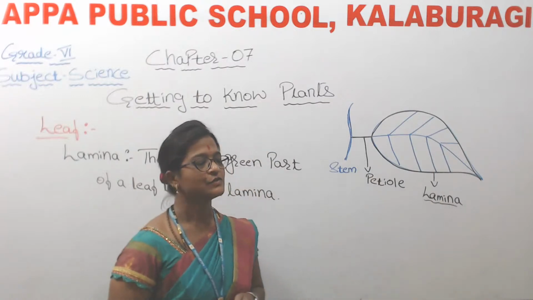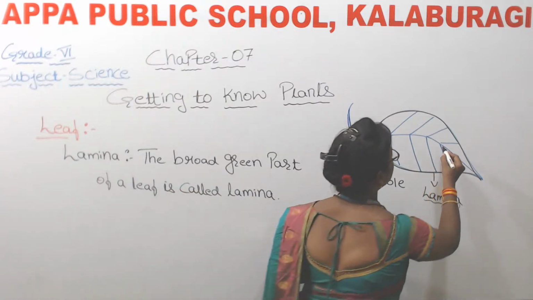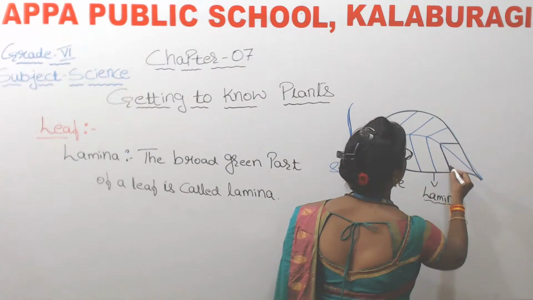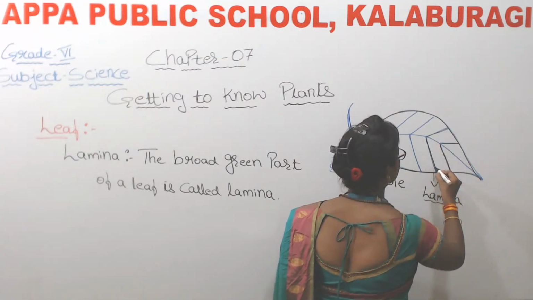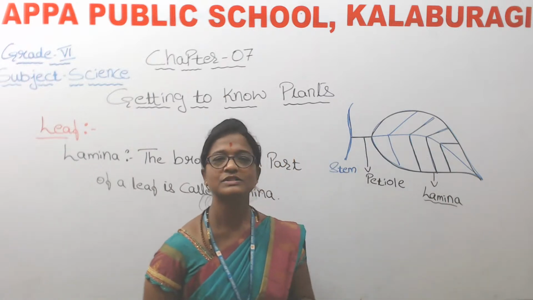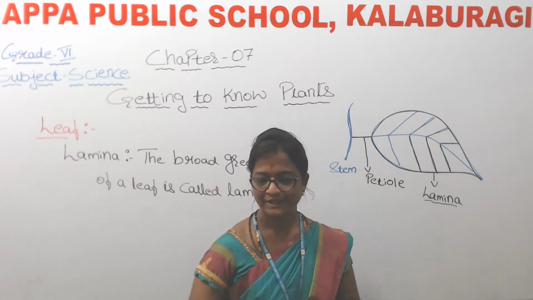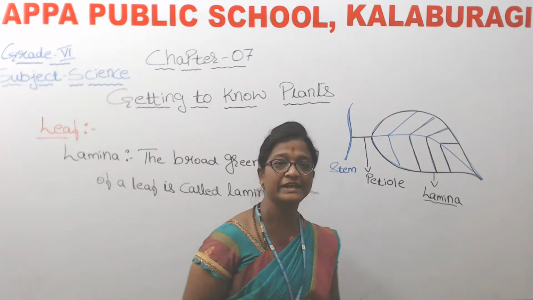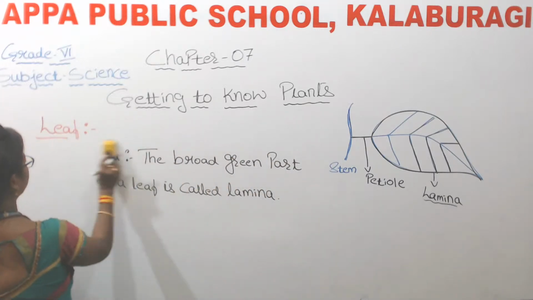Now the lines which are present on a leaf, what do we call those lines? Yes, we call them veins.